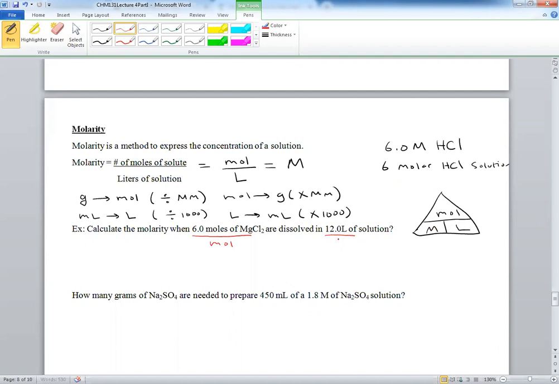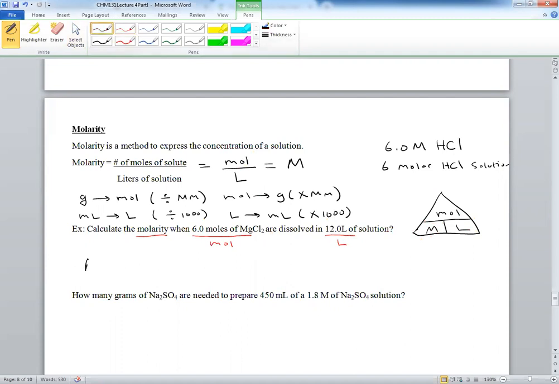That's your volume right here. Luckily, it's in the units that we need. We should be able to convert very easily by now. In this case, we have to calculate the molarity. It's a very simple problem.